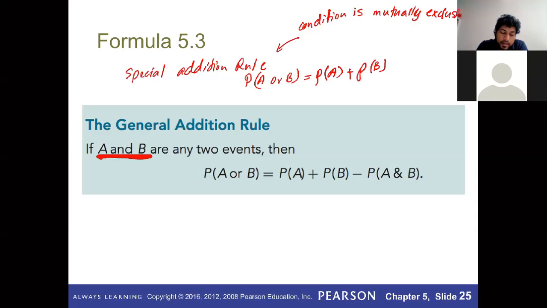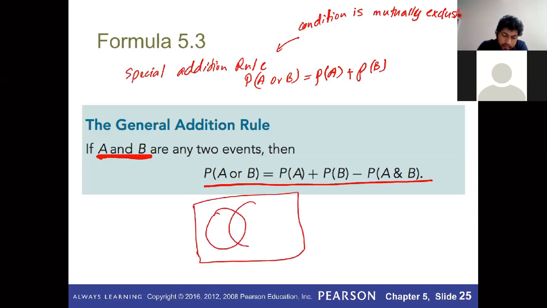So you can write the general addition rule: probability of A plus probability of B minus probability of A and B. Why does this happen? I can explain using a simple Venn diagram. This is A, this is B. Assume that they have a common space. Event A is this area.